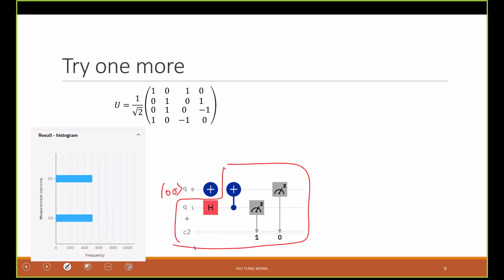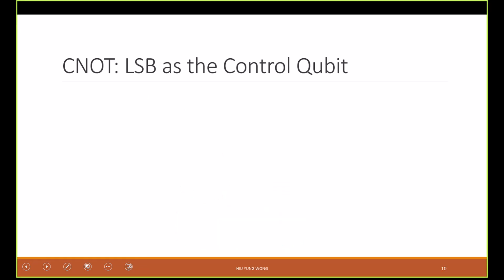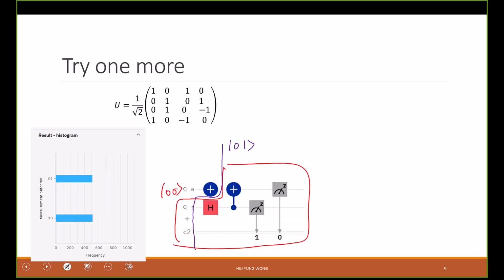I want to ask, what is this at this stage? 0, 1. Do you agree? Because the top is the least significant bit. This is LSB, MSB.